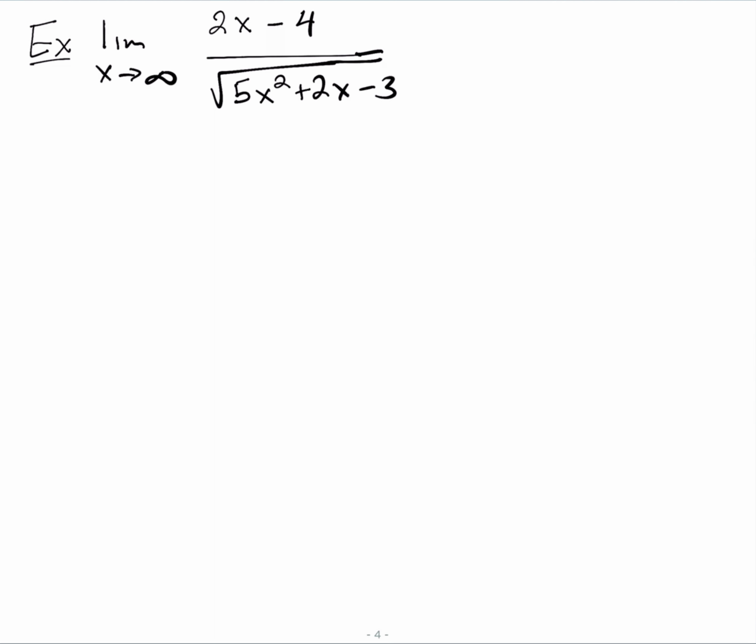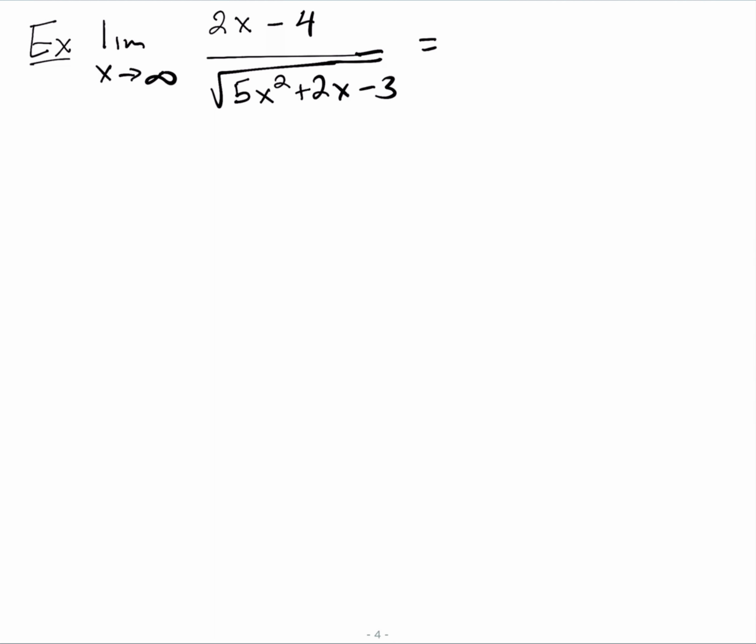We'll find the limit as x goes to positive infinity, and then we'll find the one as x goes to negative infinity after. If we follow the same strategy, what would we do? Divide by the highest power in the denominator. What is that?